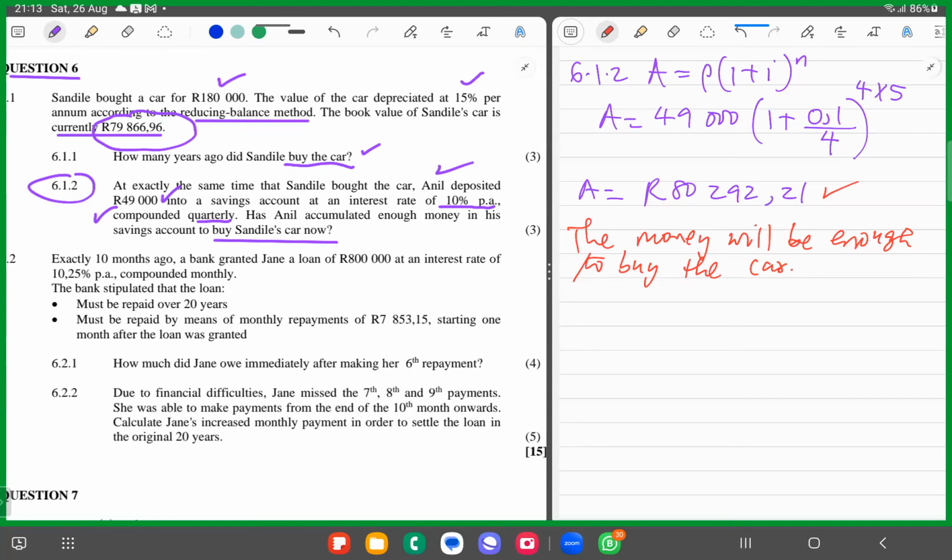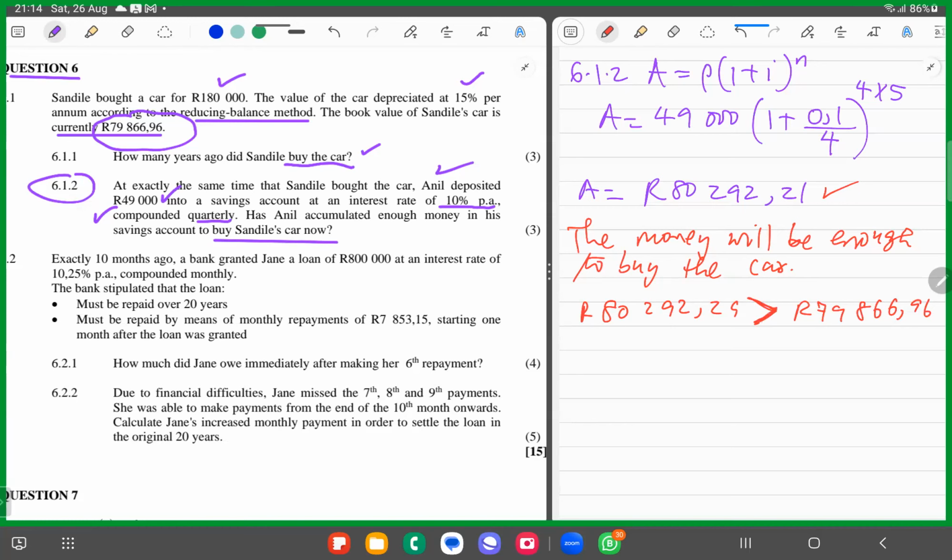Because the 80,292.21 is actually much larger than the book value of the car and what the car is worth, because now the car is only worth 79,866.96.